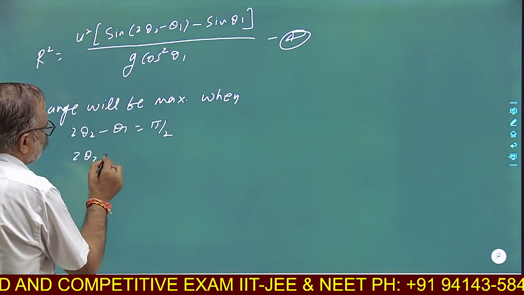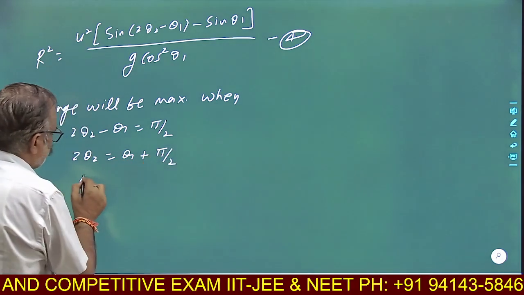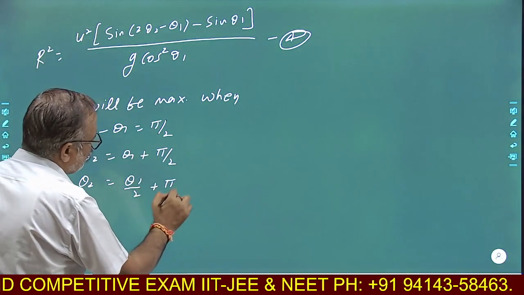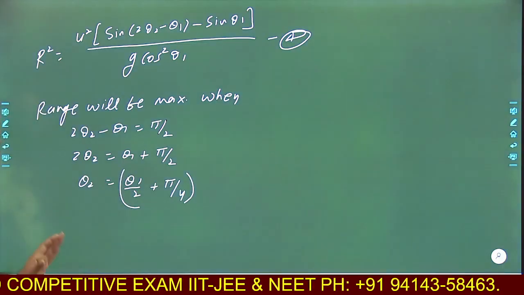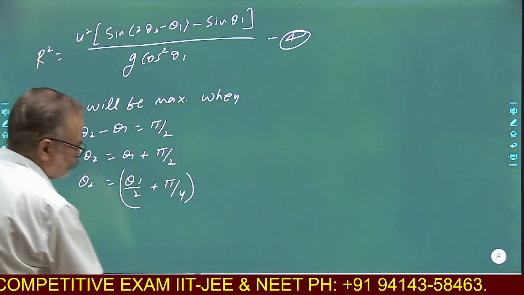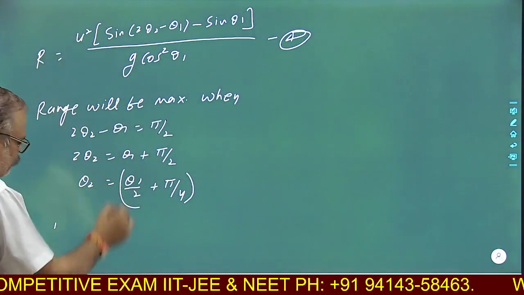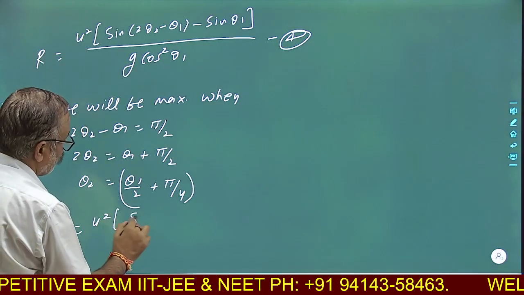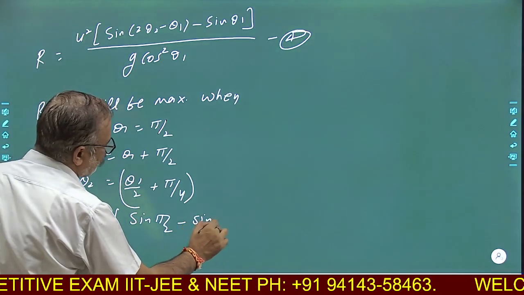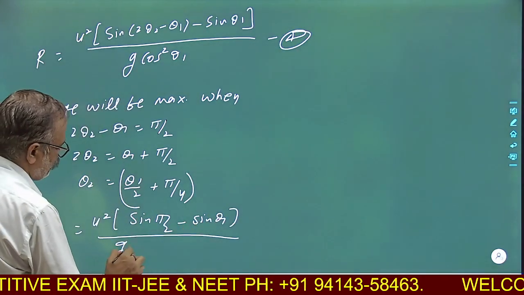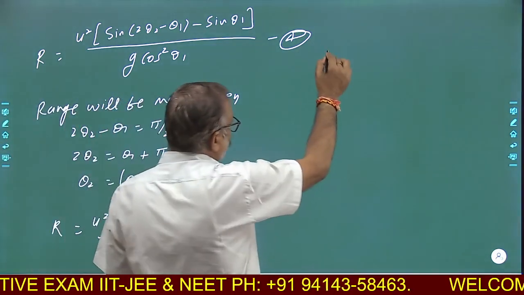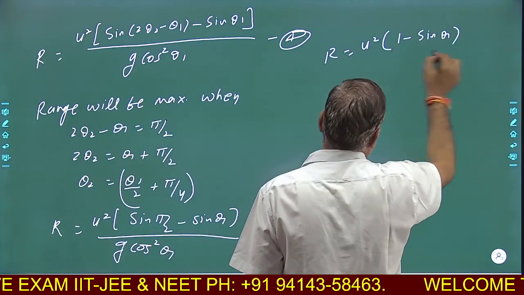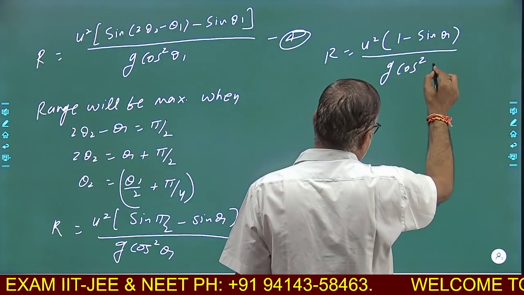So 2 theta 2 is equal to theta 1 plus pi by 2, and dividing on the right hand side, theta 2 is theta 1 by 2 plus pi by 4. That's clear. Here we put 90, so R is equal to U square, sin pi by 2 minus sin theta 1, upon G cos square theta 1. R is equal to U square, 1 minus sin theta 1, upon G cos square theta 1.